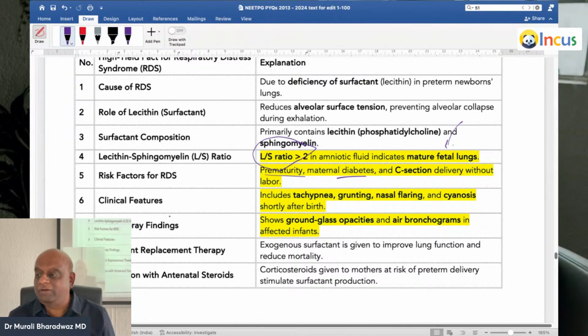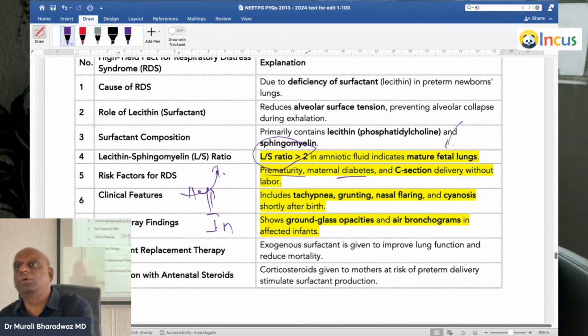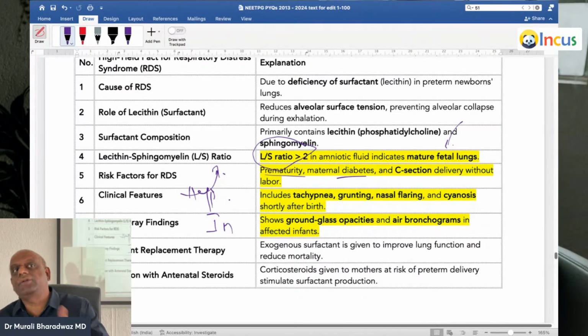Why maternal diabetes? Whenever the mother has hyperglycemia, all that glucose enters the fetus. That will stimulate fetal insulin. Insulin is antagonistic to surfactant production, whereas glucocorticoids are agonistic to surfactant production. Please remember that rule.